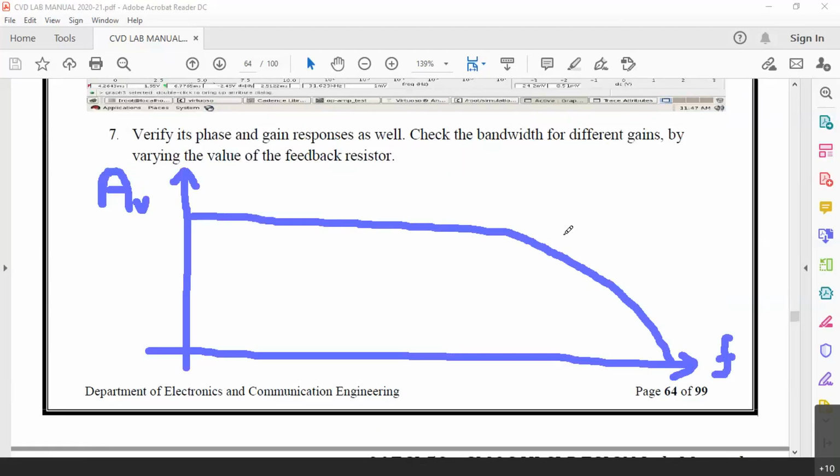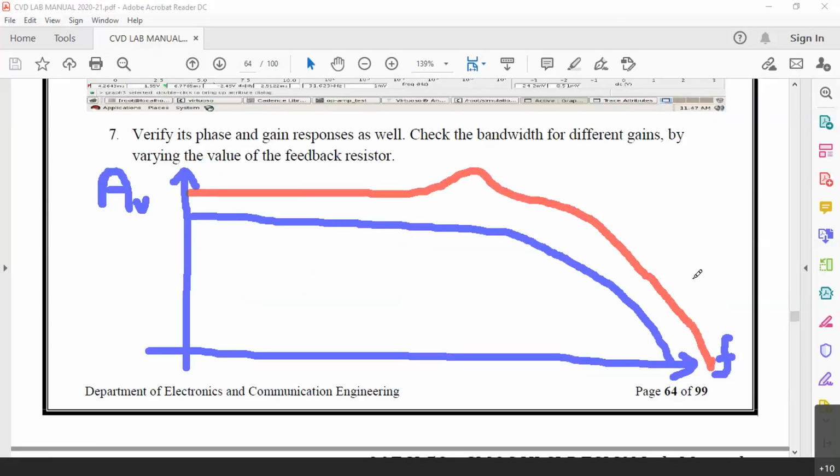In general, the gain at the higher frequencies reduces because of the parasitic capacitances. Now this is what we have obtained in this experiment. But if you remove that capacitor, then you will find the gain response something like this.